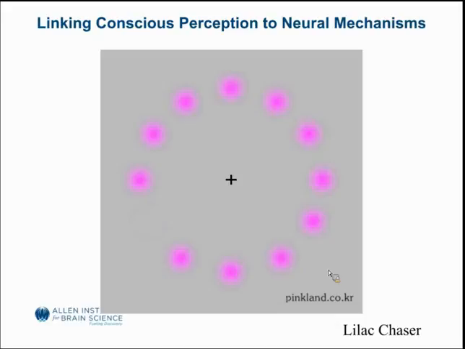So what you can do now, in principle, using techniques like this, you can record from the brain. You can do single neuron recording and ask, well, at what level of the visual system do the neurons follow the actual physical stimulus, like the photoreceptor? The photoreceptor will follow, depending on the short, medium, long wavelength cone photoreceptor, they'll follow very closely the physical stimulus.